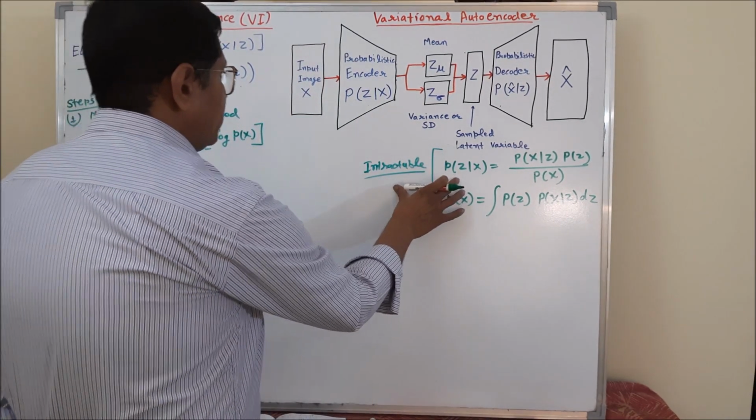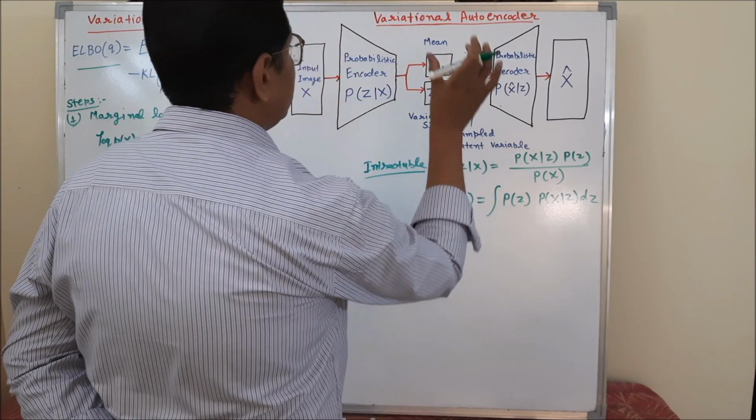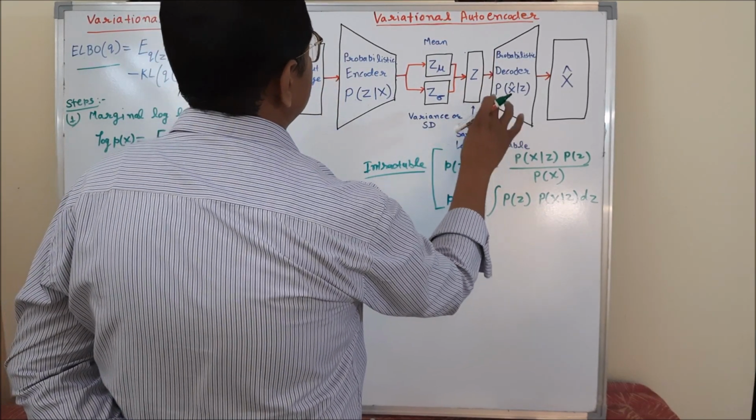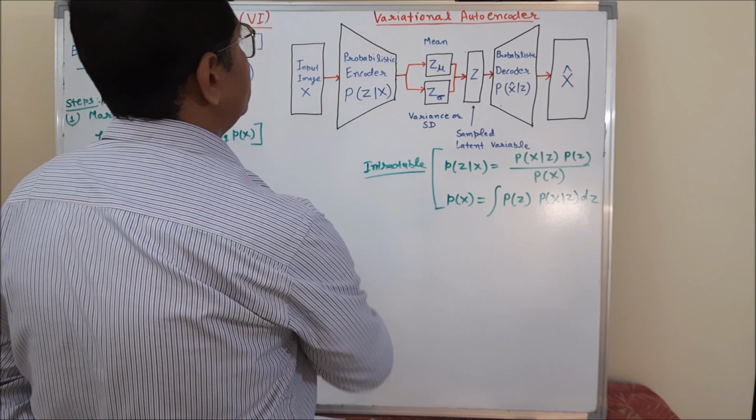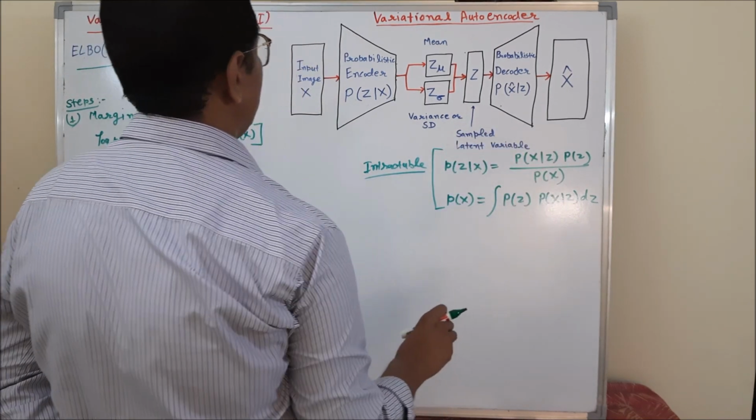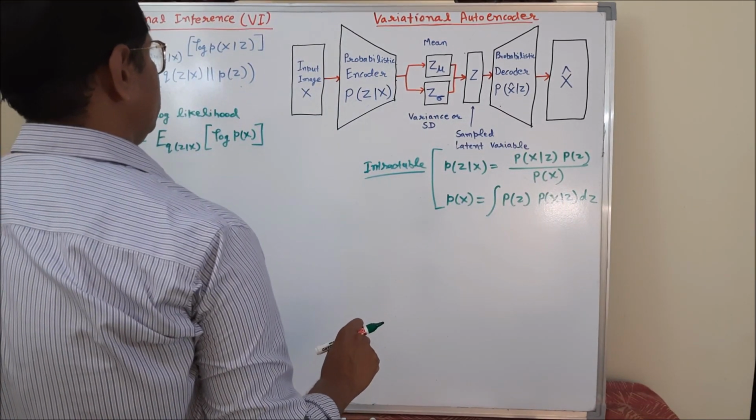If we are not able to solve this problem, then it is not possible to get the sample latent variable, and then it is not possible to have a variational autoencoder.